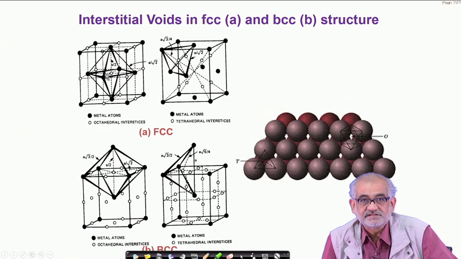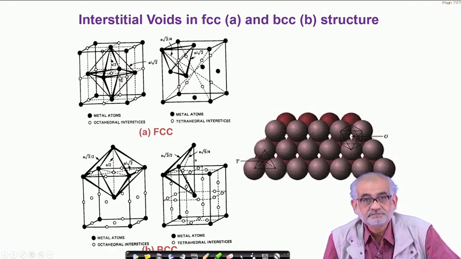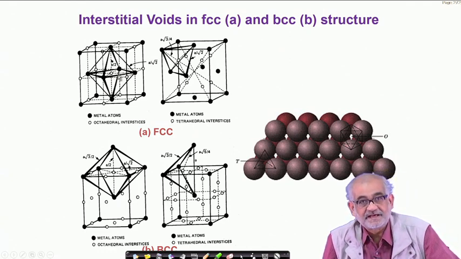For example, if this is an FCC unit cell, the body centering position is vacant. So here is an interstitial position, and this particular interstitial position is going to have the maximum possible diameter.